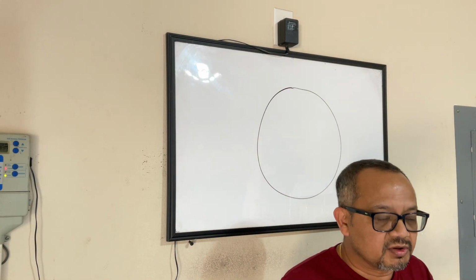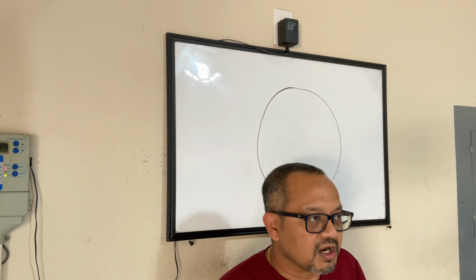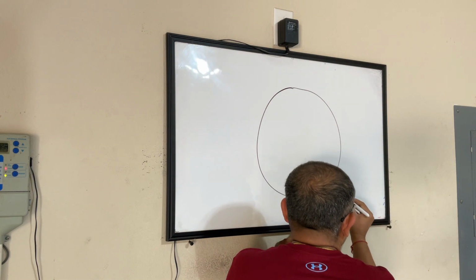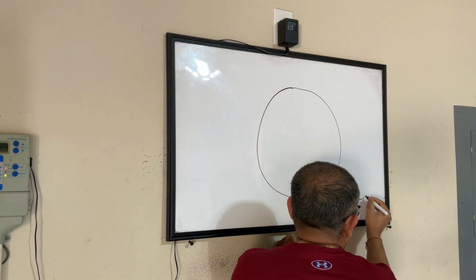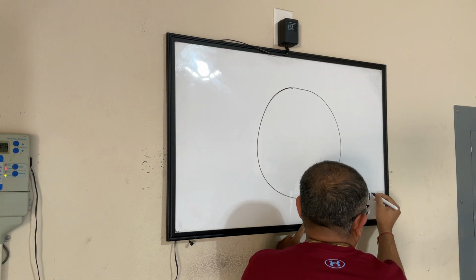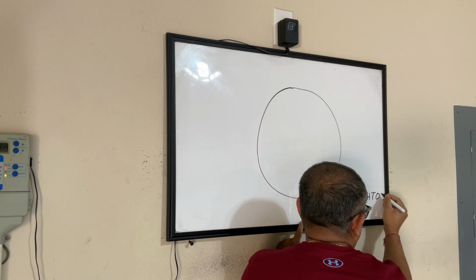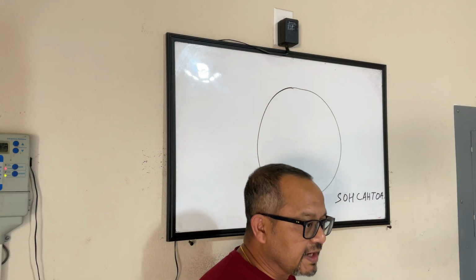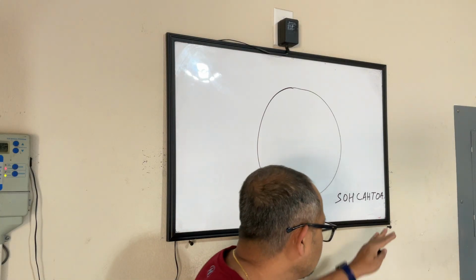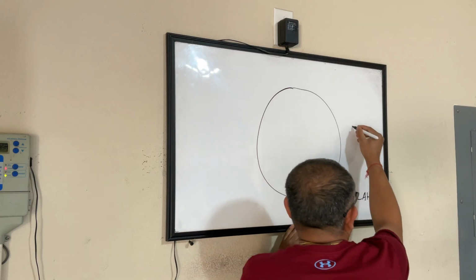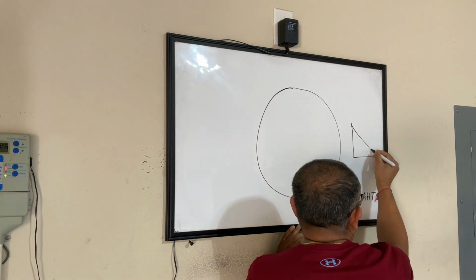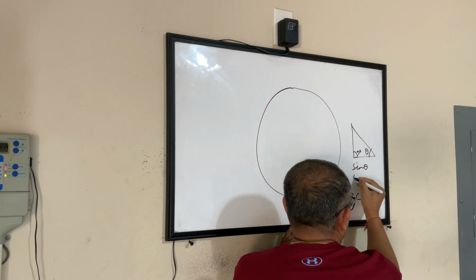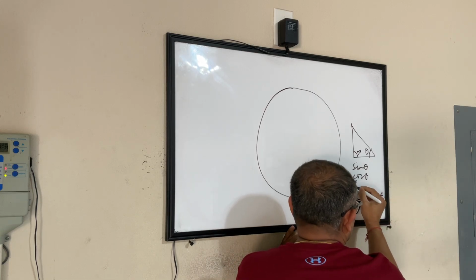So whenever we talk about trigonometry, whenever we talk about sine, cos, and tan ratios, we know that SOH CAH TOA helps us find out the value of sine, cos and tan of any angle. That's how we remember that. If I have a right triangle, it tells us, if this is theta, this is 90 degrees, what is sine theta, what is cos theta, and what is tan theta.